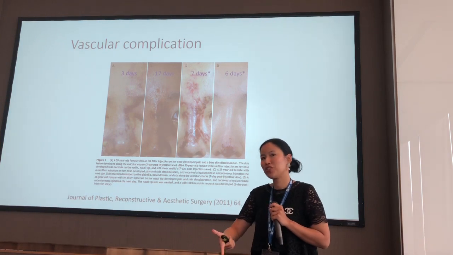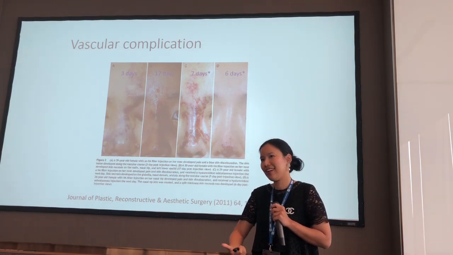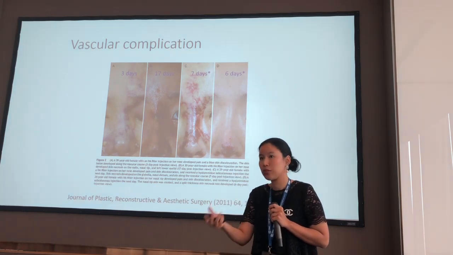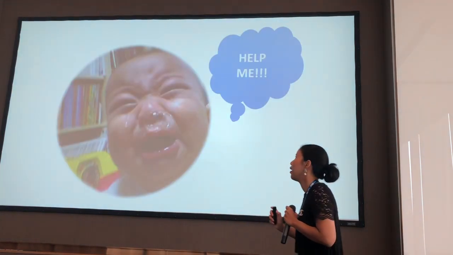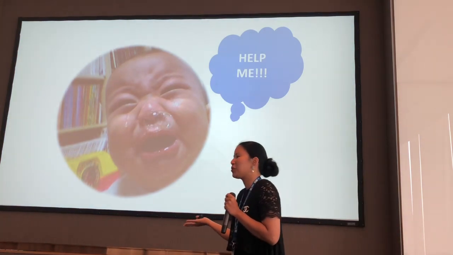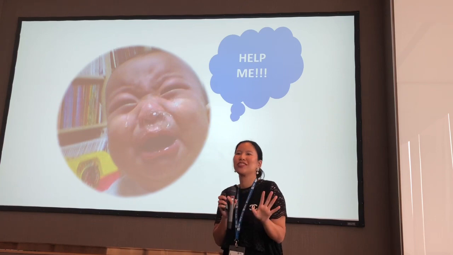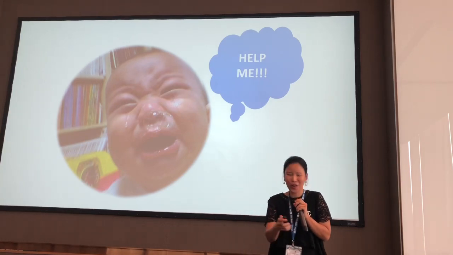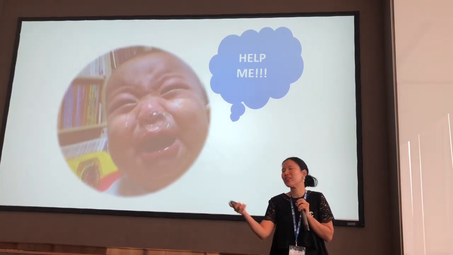And second is the severity and the amount that has been pushed into the vessel. And at this slide, does any one of you have the decision to stop doing the injection already? By the way, okay, better knowledge can save us more.